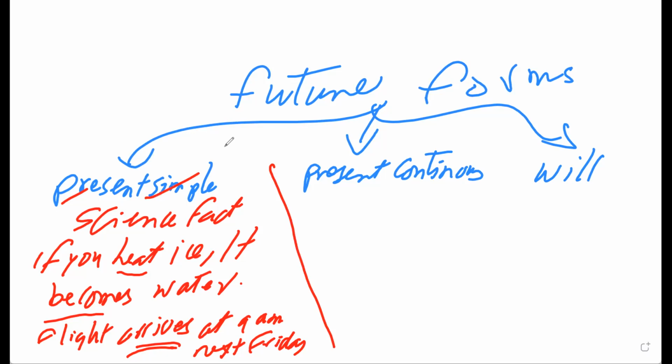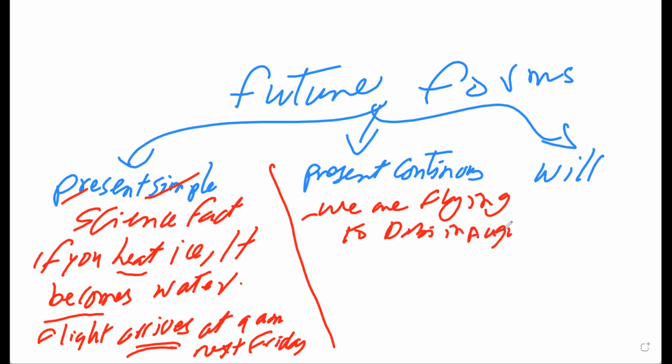Okay. طيب, what about present continuous? إمتى استخدم المضارع المستمر to express future? If you say we are flying to Dubai in August, for example.